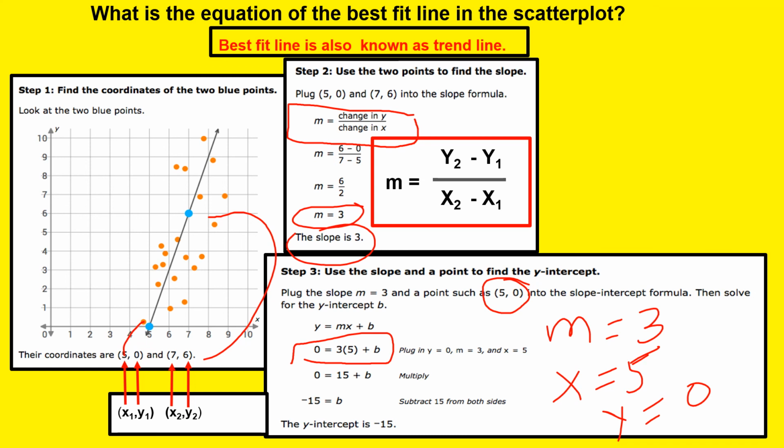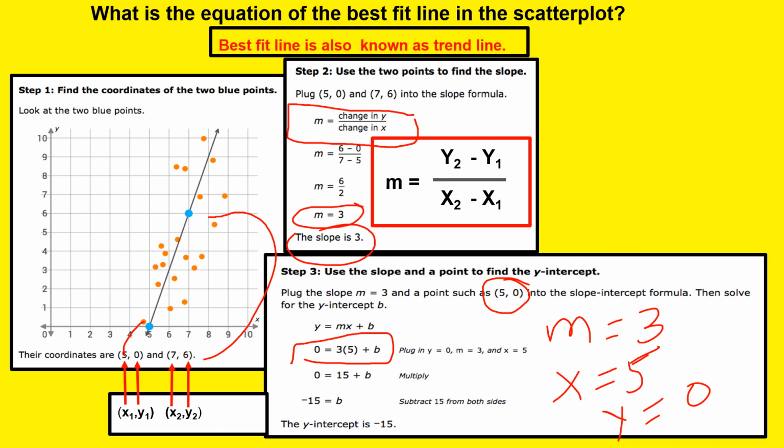Minusing 15 from both sides, we get b is equal to negative 15. Because we want to isolate the b and get it alone, we minus the 15 on both sides of the equal sign.